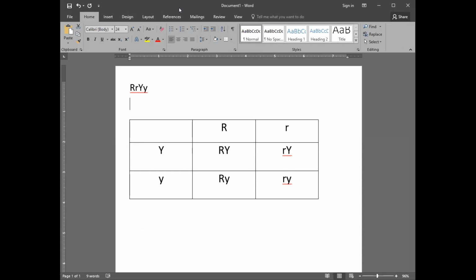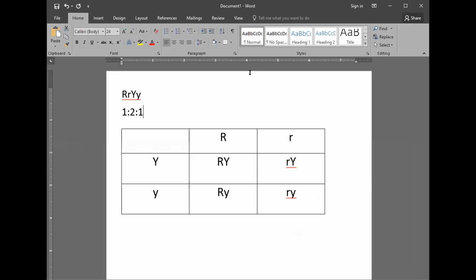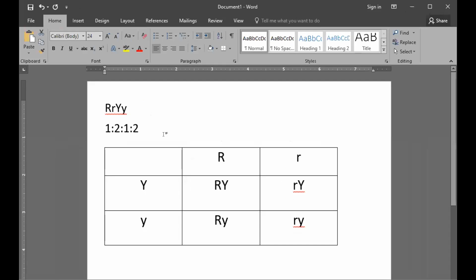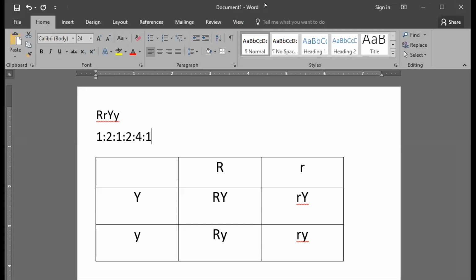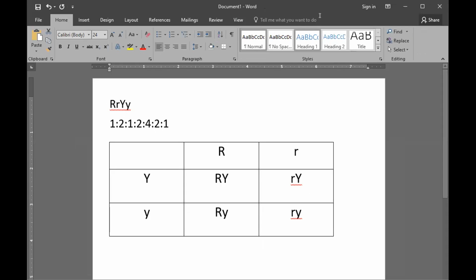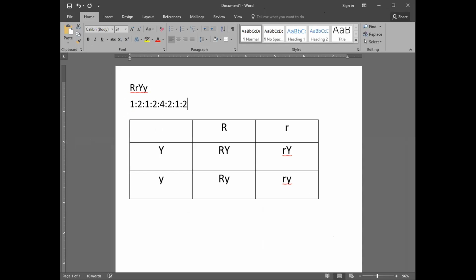Genotypic ratio is 1 is to 2 is to 1 is to 2 is to 1 is to 2, then 4 is to 2 is to 1 is to 2 is to 1.